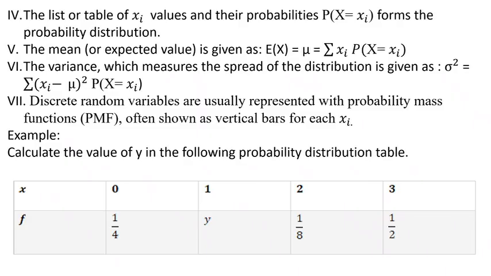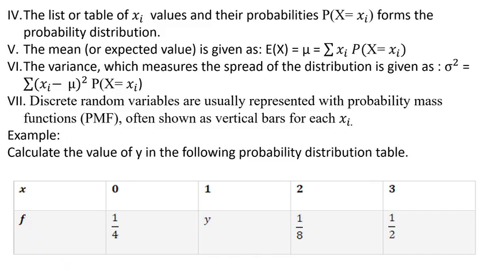Then the mean or expected value is given as E of x equals mu. E of x is the same thing as mu, which equals the summation of xi times p of x equals xi.